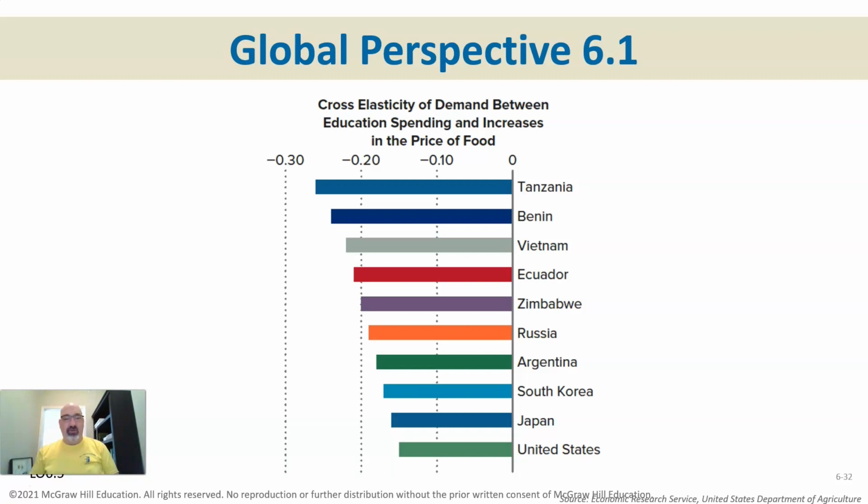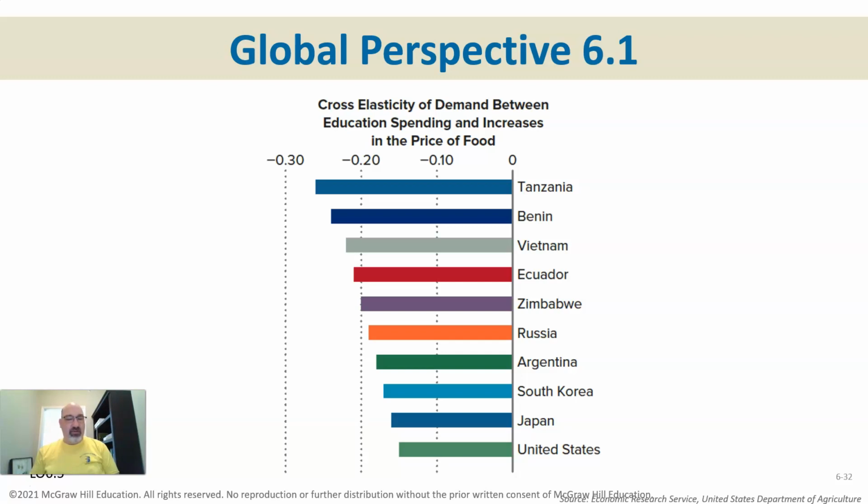Zimbabwe, right at 2. Russia, about 2.1. Argentina, about 18. South Korea, about 17. Japan, about 15 or so. And U.S., about 13 or so.